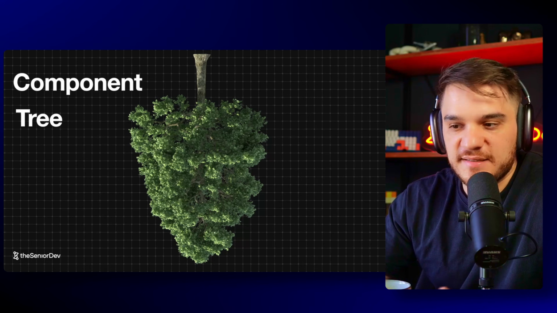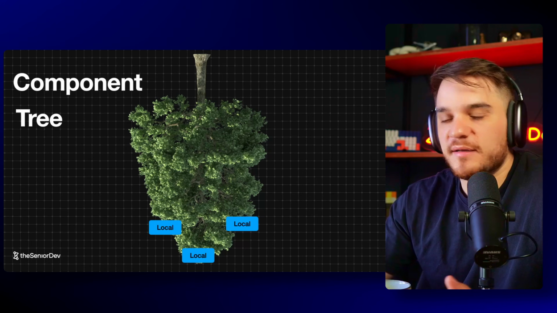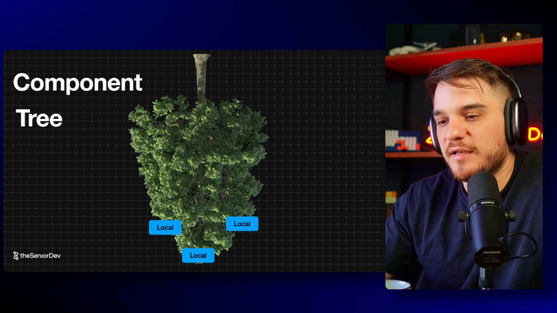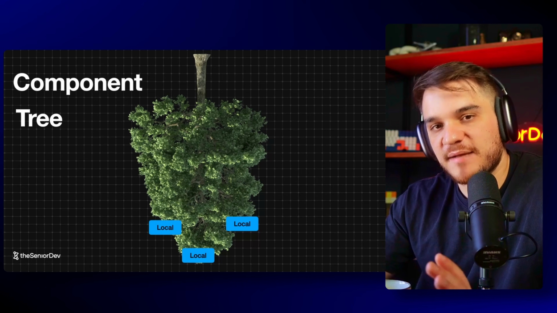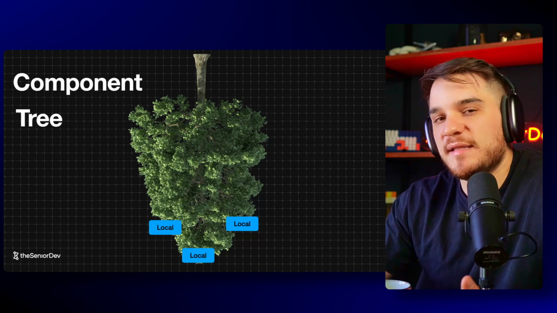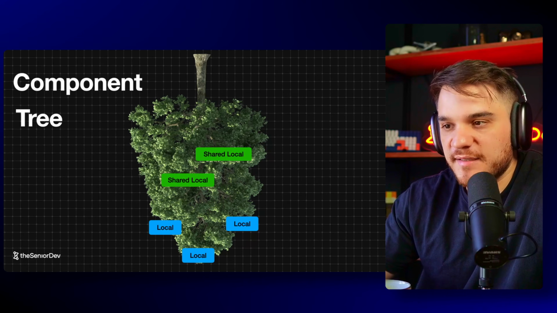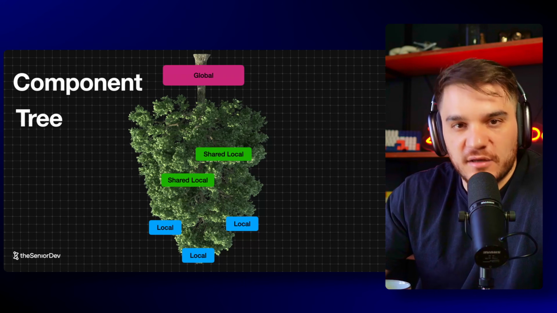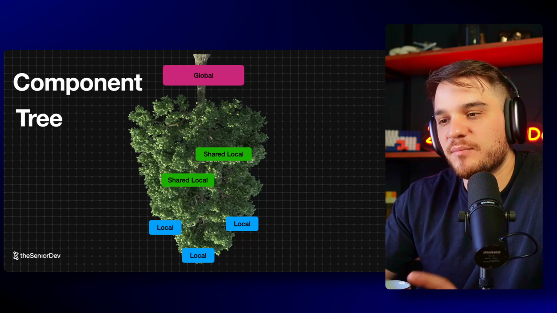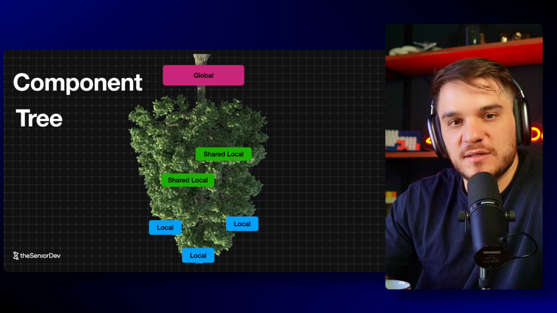And so when you start placing state, you usually start placing it at the very bottom where it's actually being used. And you want to avoid lifting it as much as possible, but sometimes you have siblings components that need the same state. So you might have to lift it up in shared local state. And finally, there is certain state like authentication that has to be global because pretty much every component might need it. So it needs to flow globally into all of them.